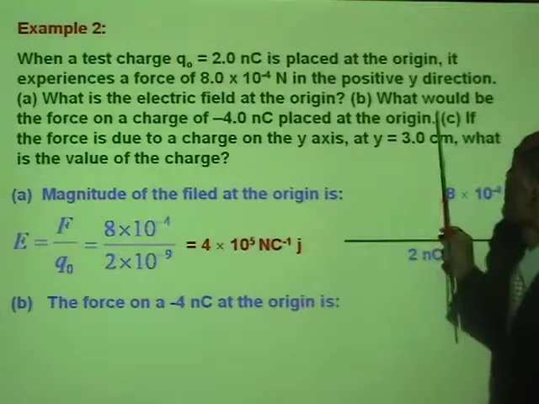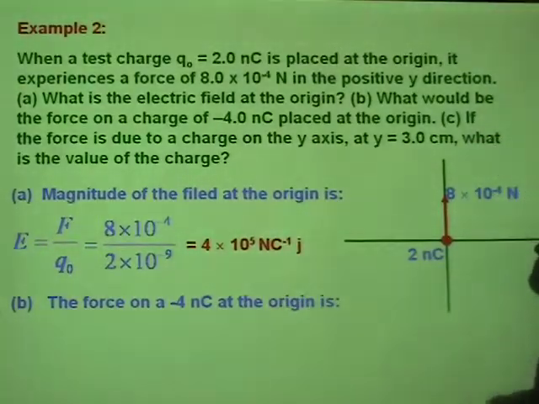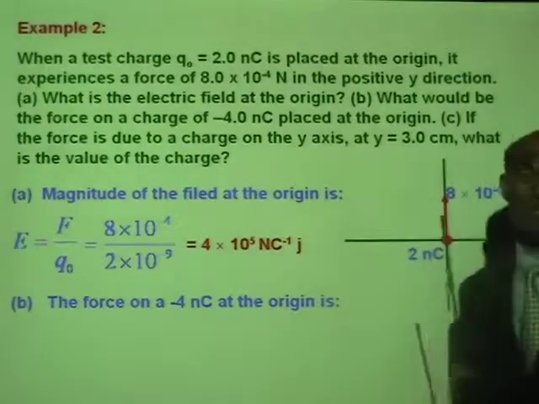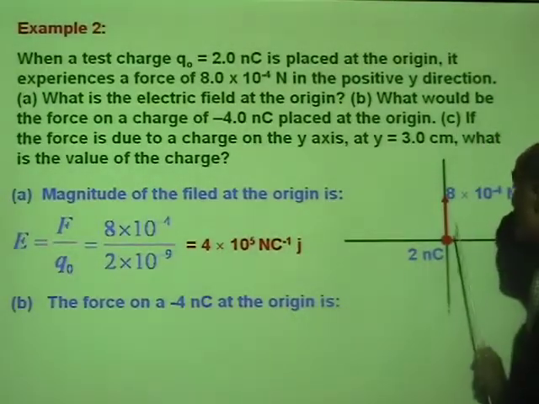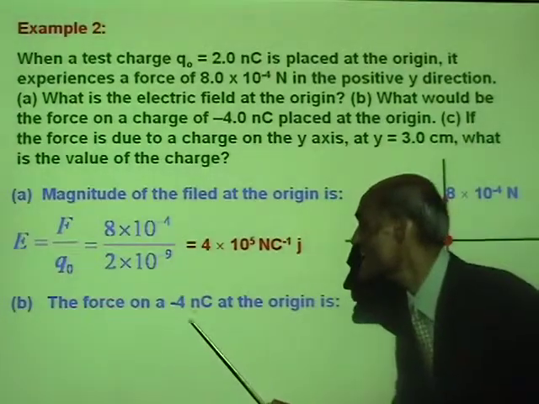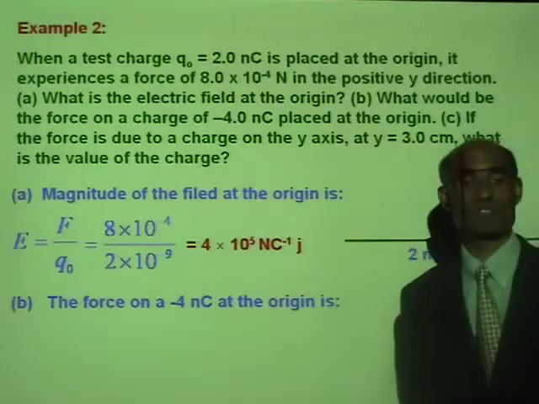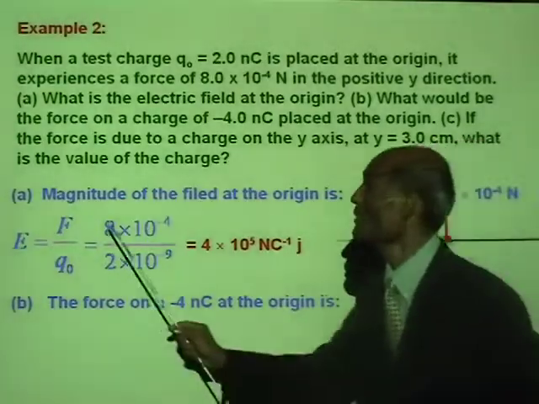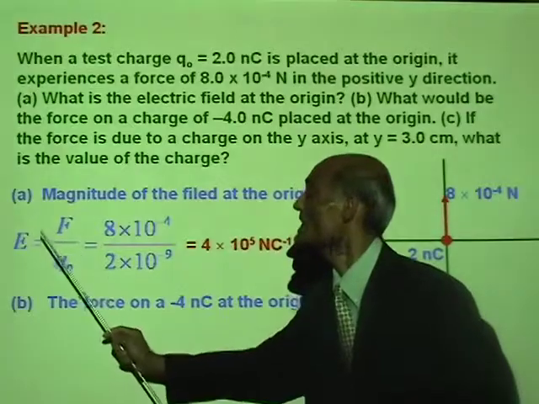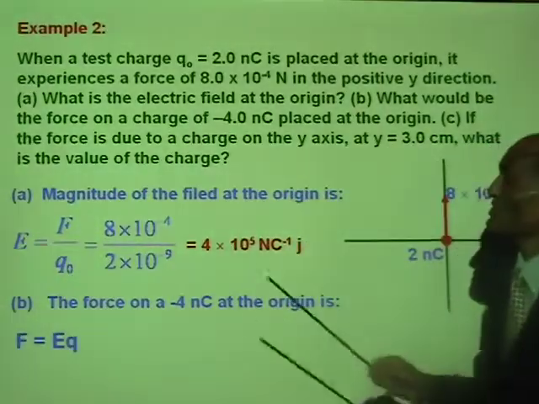B, what would be the force on a negative 4 nanocoulomb charge placed at the origin? Well, in place of the 2 nanocoulomb, if I place a negative 4 nanocoulomb, what will be the force on that? Force on a charge is equal to the electric field multiplied by the test charge.